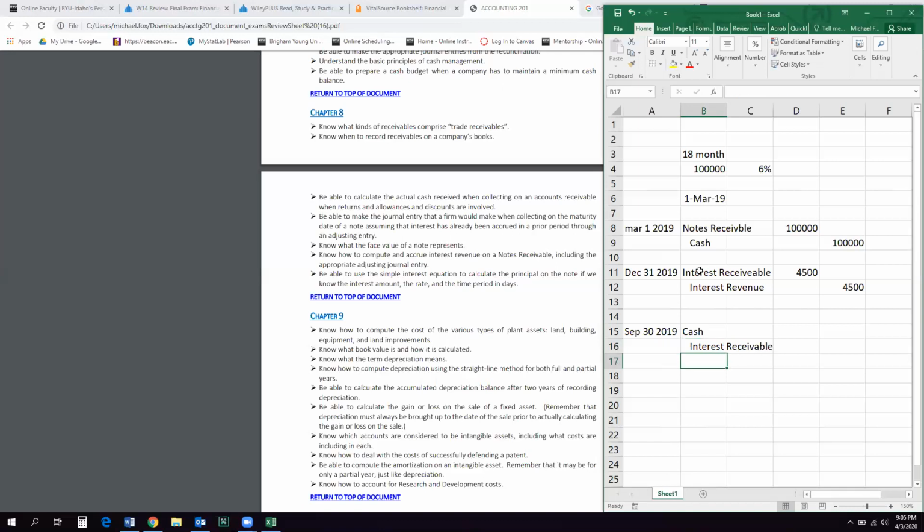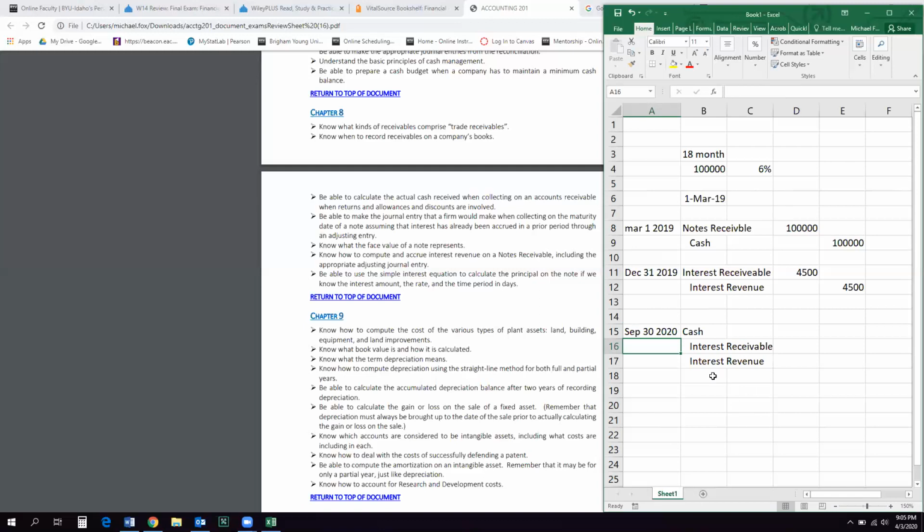And you're also going to have to recognize the interest revenue that you've earned for 2020. Sorry, this isn't September 30th, 2019. This is September 30th, 2020.